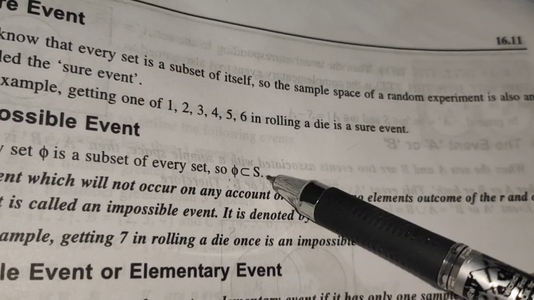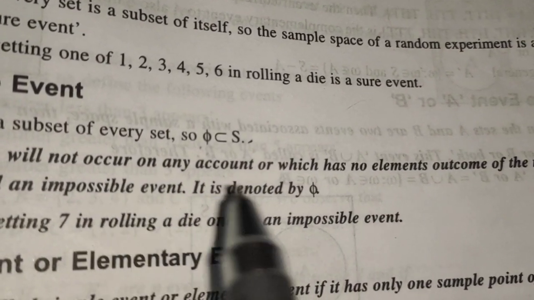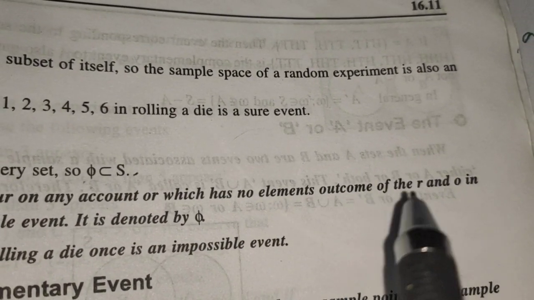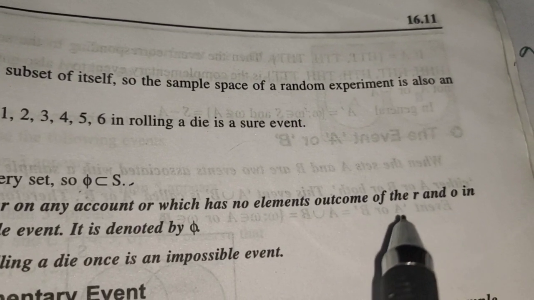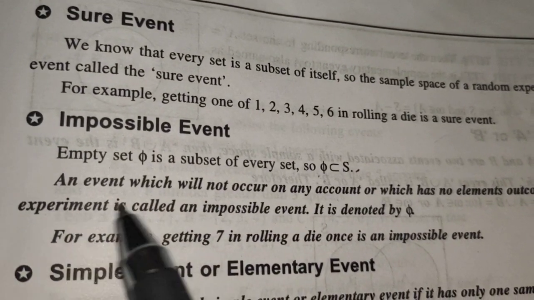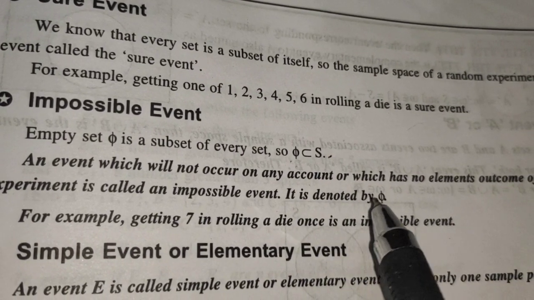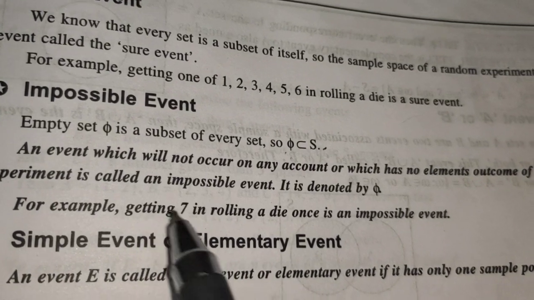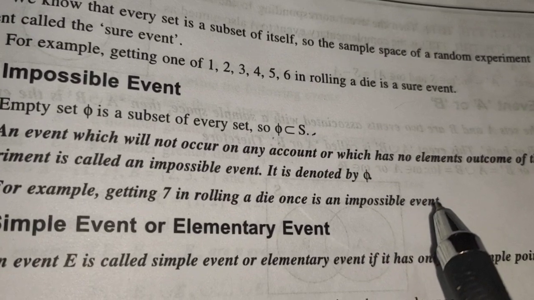So phi is a subset of sample space S. An event which will not occur on any account, or which has no outcome in the experiment, is called the impossible event. It is denoted by phi.